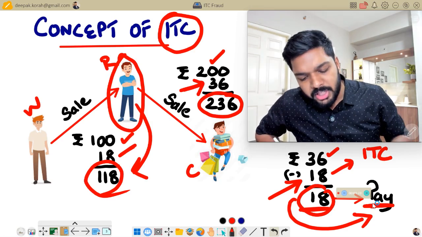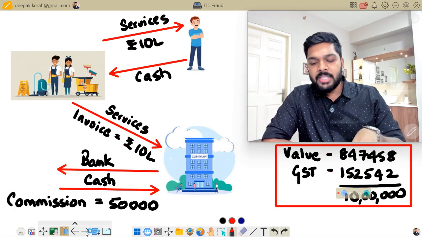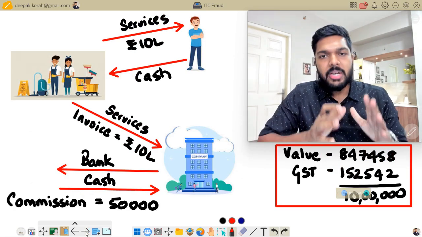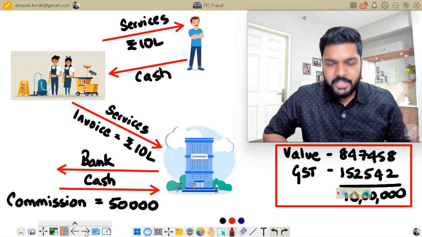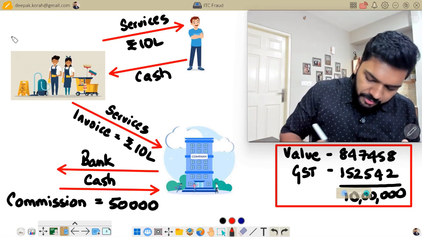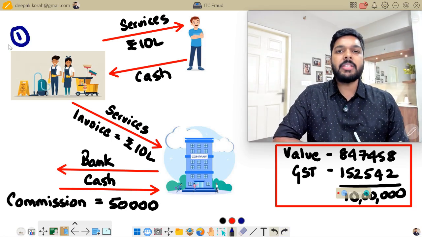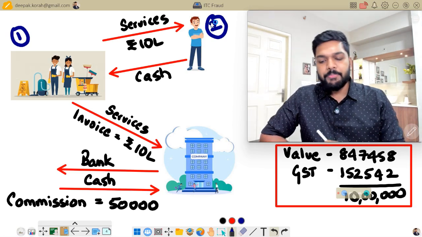So having understood this beneficial concept of ITC, let us now do a deep dive into understanding the working mechanism of how a common GST ITC fraud is committed. So we have three parties in picture. We have the first party, which is basically a housekeeping agency providing housekeeping services. Then you have an individual consumer, or you can say a recipient.